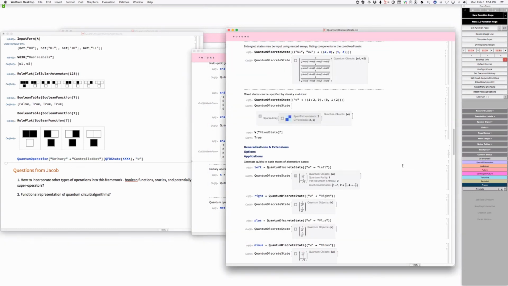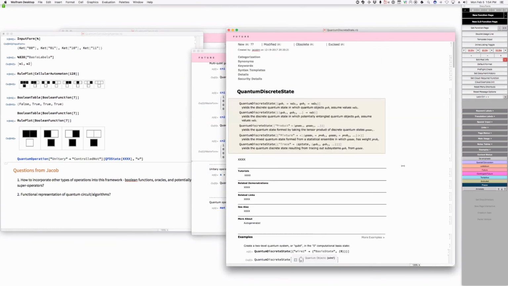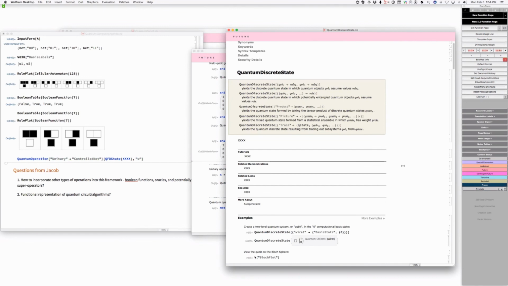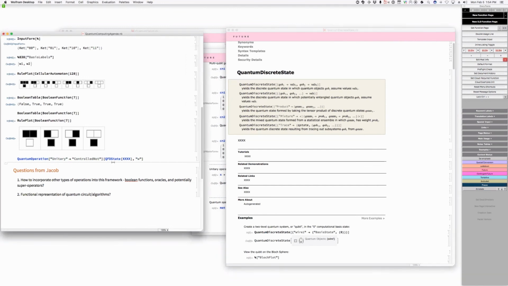Because what that's saying is, what is the analog?